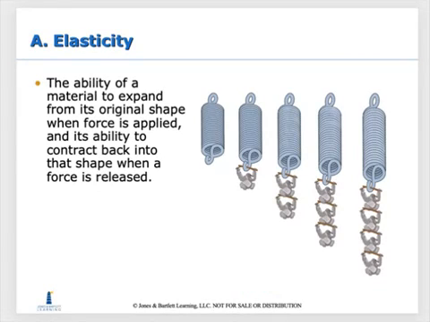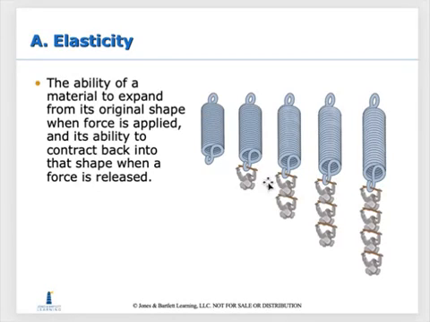We have elasticity. So this is how well something can go back to its original shape when it's been applied with force. So for instance, this spring here is given different weights. These look like little gorilla monkeys to me. But I believe they're supposed to be metal chains.